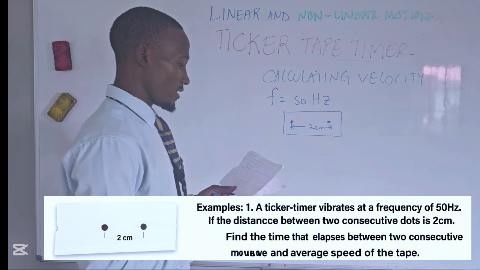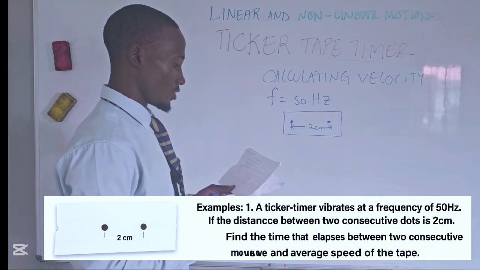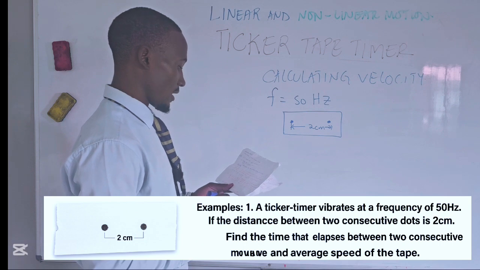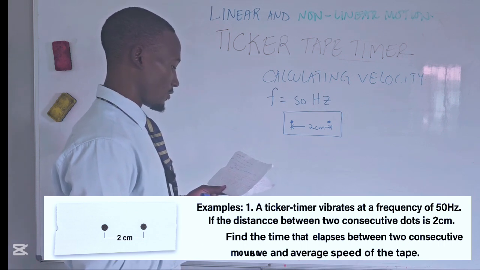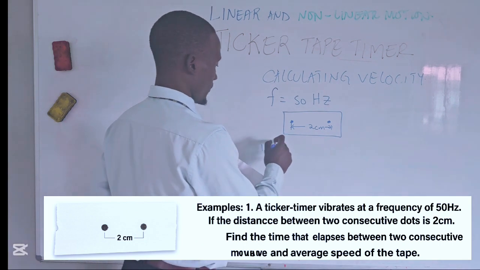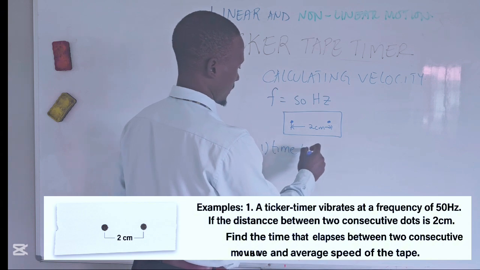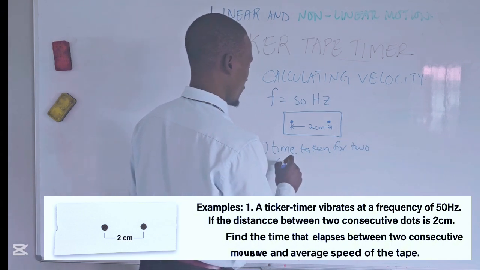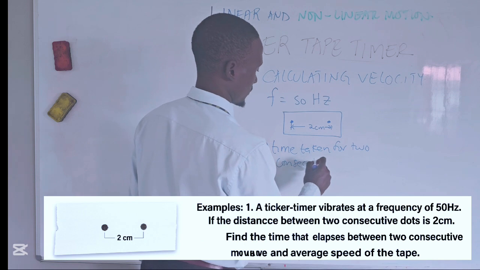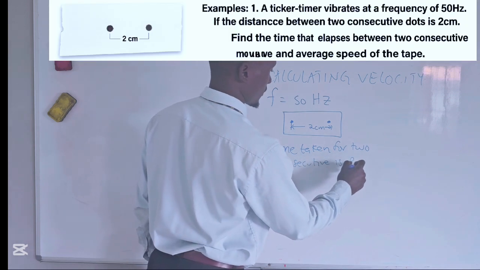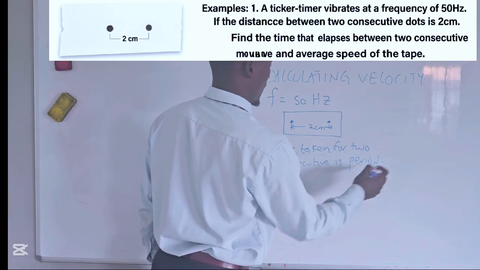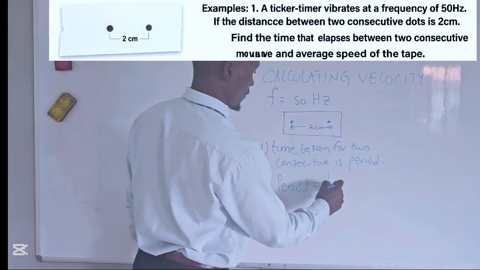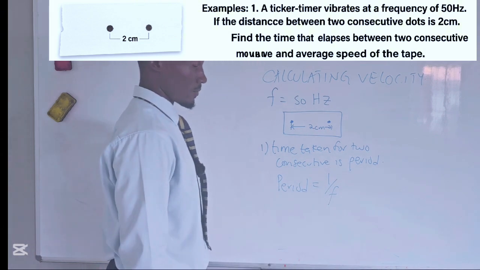Then they ask you, find the time that elapses between two consecutive dots and the average speed. So the time taken for two consecutive dots is always the period, and we know that period is given by 1 over the frequency.